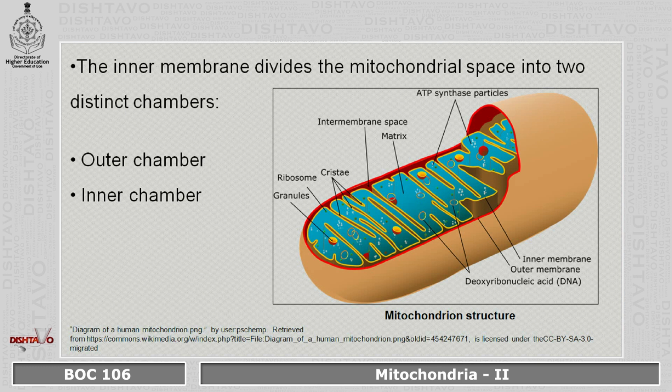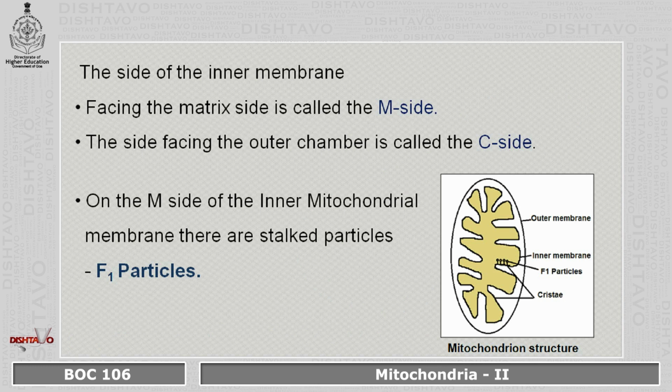The inner membrane divides the mitochondrial space into two chambers, the outer chamber and the inner chamber. The side of the inner membrane facing the matrix is called the M side. The side facing the outer chamber is called the C side.